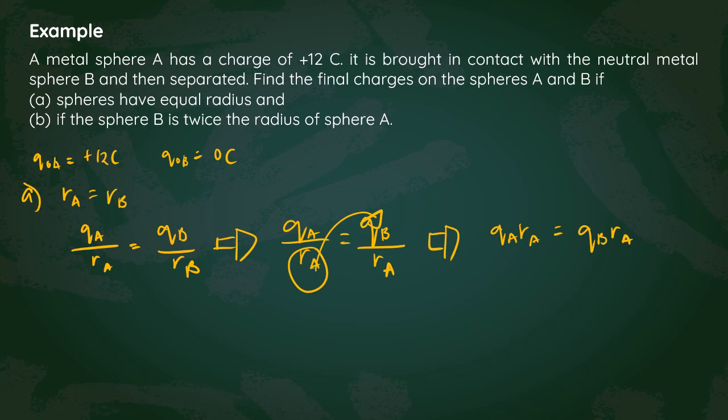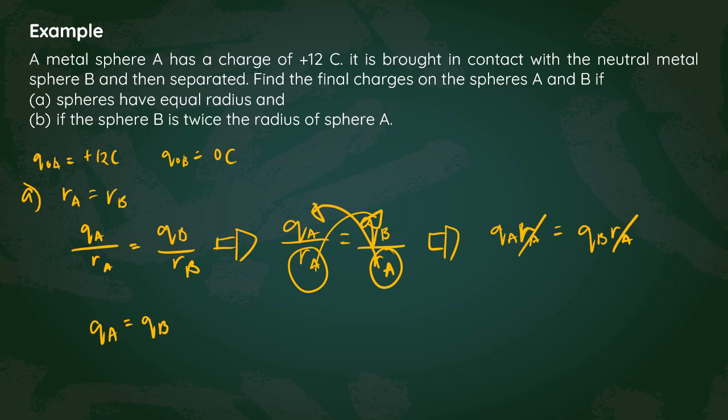Since we have RA on both sides, we can get rid of that, and you will have QA is equal to QB. So therefore, the charge for A is equal to the charge for B, which proves our claim earlier in the conservation of charges that they will share the charge.